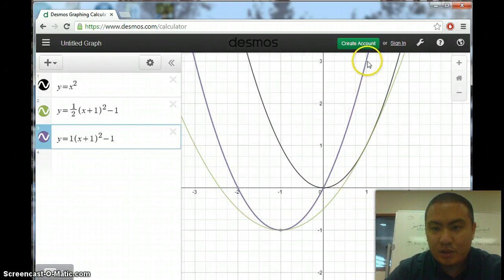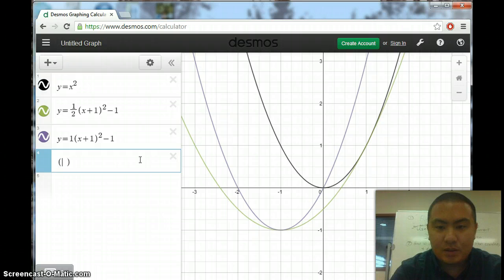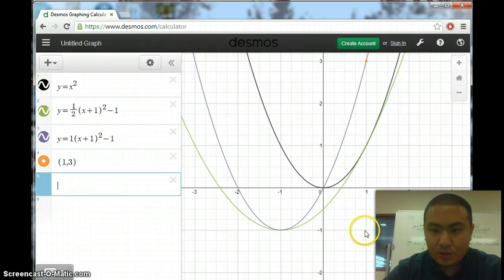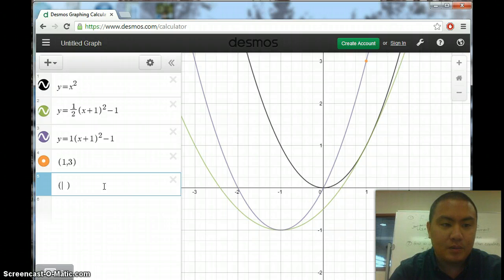Right, that would put us here. So we go over 2, up 4. And that point would be 1, 3. Instead, since we had that half in front, we have to go over 2, and normally instead of going up 4, we now only went halfway up. So what's half of 4? 2. So it would be at 1, 1.